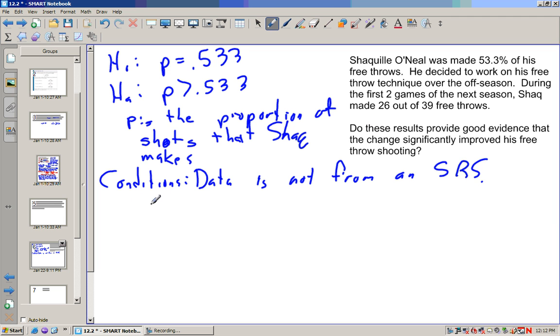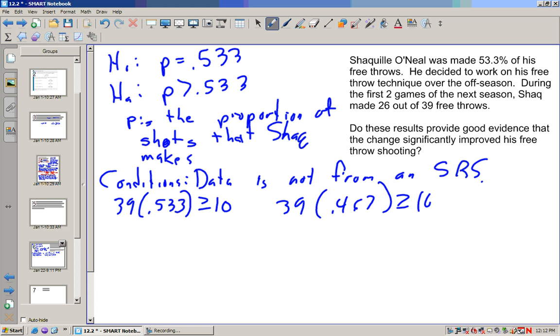So we'd have to see, we did 39 times, so we'd have to do that times our null. So 39 times 0.533. Check that that's greater than 10. And then 39 times 0.467. See that that's greater than 10.